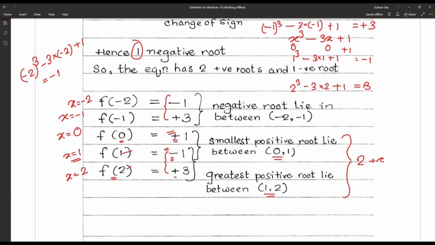So there is a change of sign for the value of the function when x has the values minus 1 and minus 2. So the negative root must lie between minus 2 and minus 1, and in that way we can find out the range of the root for any algebraic equation and also for the transcendental equation.